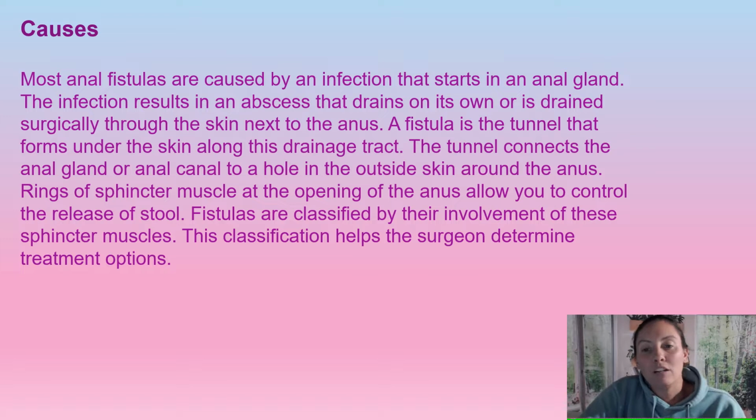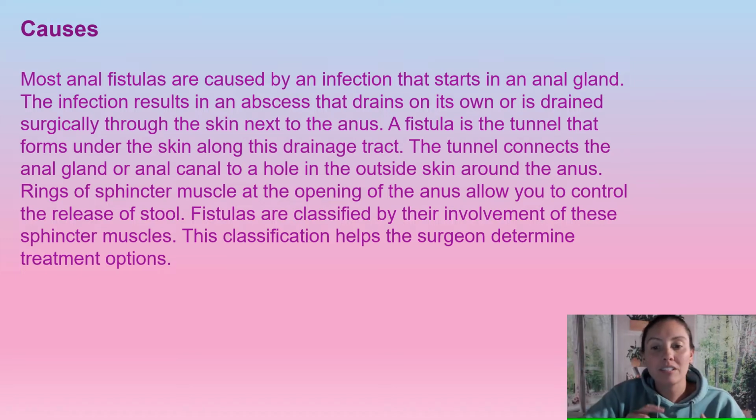So most anal fistulas are caused by an infection that starts in the anal gland. Now, infections result in an abscess that drains on its own or has to be drained surgically through the skin next to the anus. Now, a fistula is a tunnel that forms under the skin along the drainage tract. The tunnels connect the anal gland or anal canal to a hole on the outside of the skin around the anus.